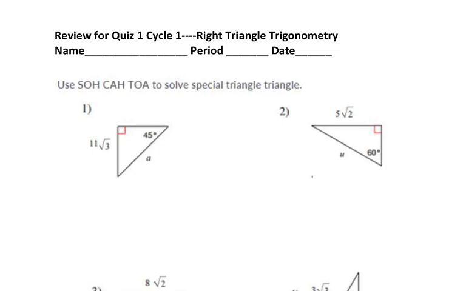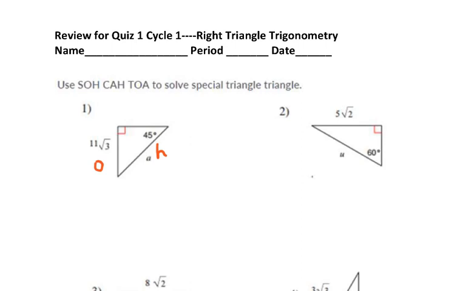So for the first question, we are given 45 degrees for this right triangle and a given opposite side and also hypotenuse.